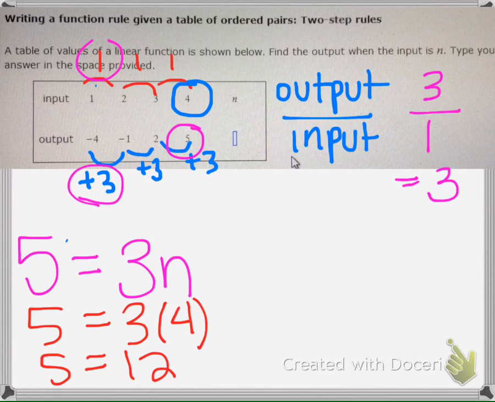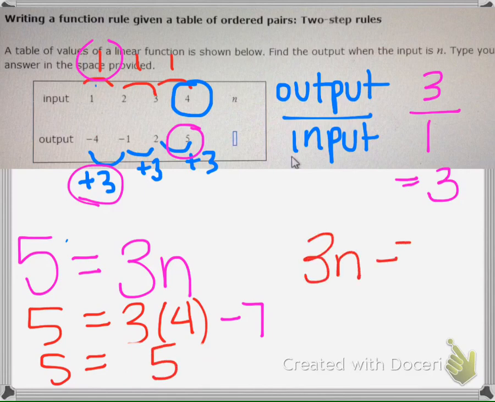So I need to ask myself, what number do I need to add or subtract that will get me 5? I know that if I subtract 7, then 12 minus 7 gets me 5. So the rule is to multiply by 3 and subtract 7.